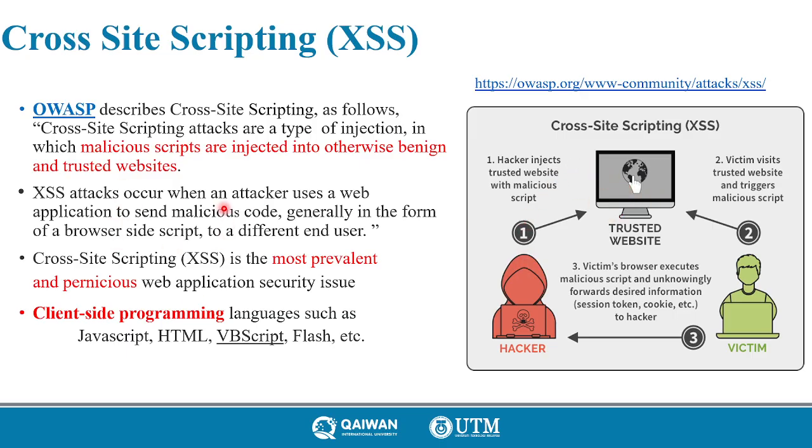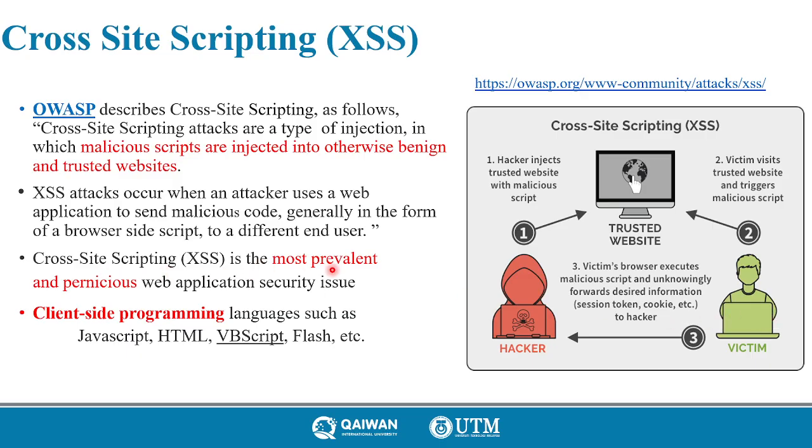XSS attacks occur when an attacker uses a web application to send malicious code, generally in the form of a browser-side script, to a different end user. So now when this victim goes to that website, the part of the code that this hacker sends would be sent to the laptop of the victim, and the laptop would be infected by it.